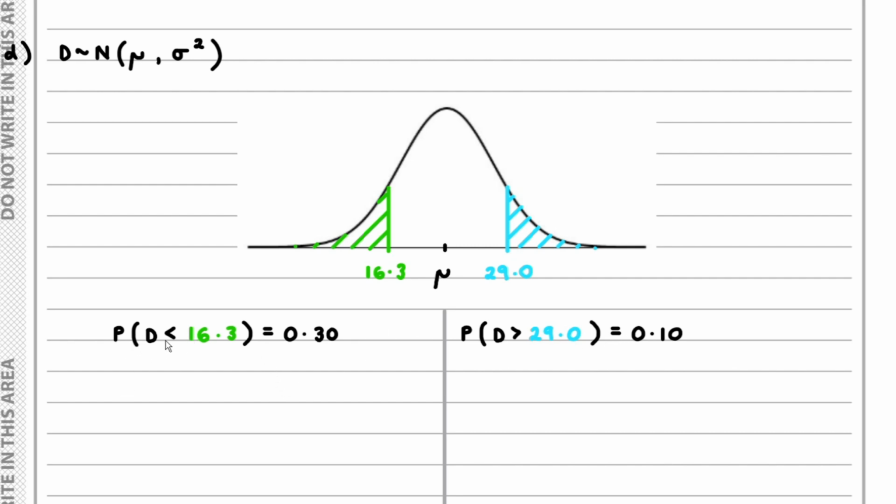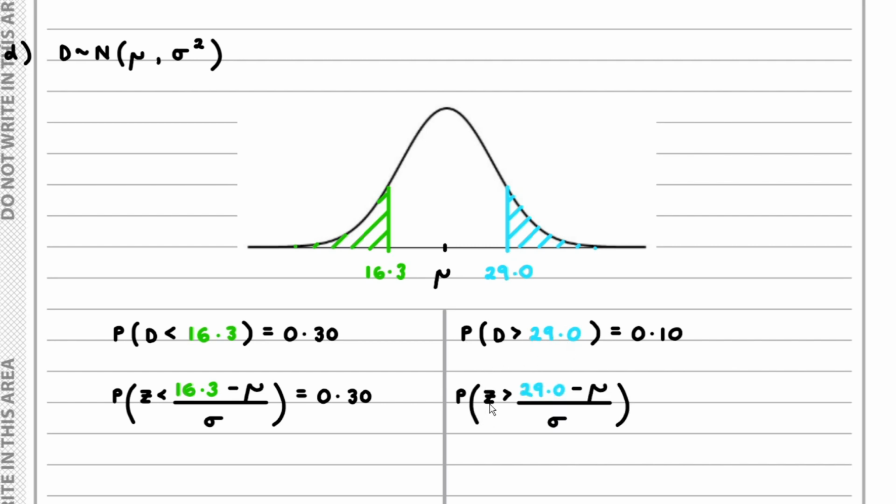The probability that d is less than 16.3, that's the same as the probability that z is less than 16.3 subtract mu over sigma, and this is equal to 0.3. And similarly, the probability that d is greater than 29.0, that's the same as the probability that z is greater than 29.0 subtract mu over sigma, and this is equal to 0.10.